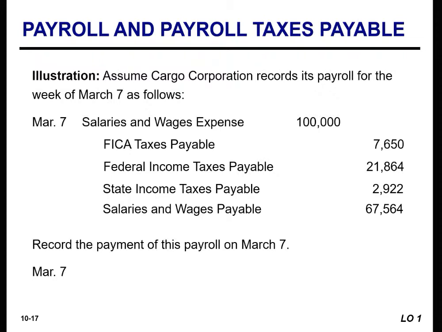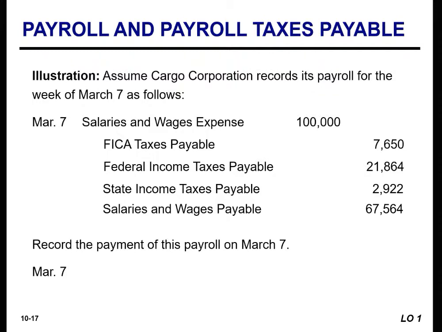From that $100,000, they have to withhold the employee's portion of FICA, or $7,650, federal income taxes from the employees of $21,864, and state income taxes from the employees of $2,922, meaning that the checks that they will actually write will be worth $67,564.